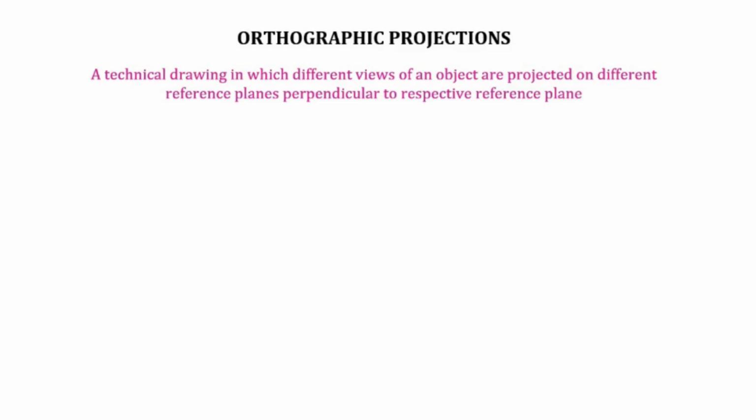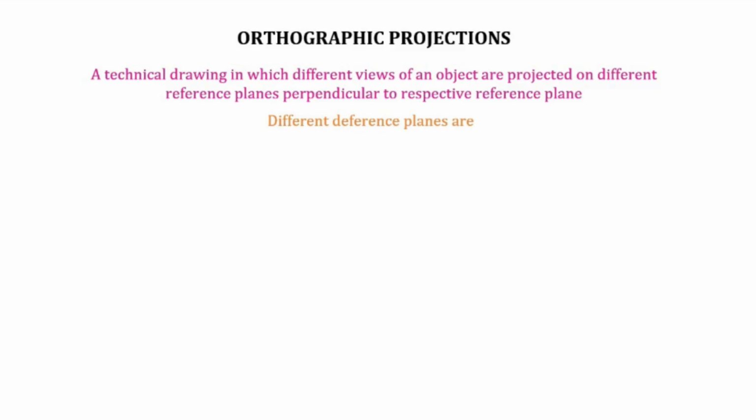So that is the initial condition: the rays of light creating that shadow are traveling perpendicular to the plane on which the shadow is made. That is why it is known as orthographic projection.